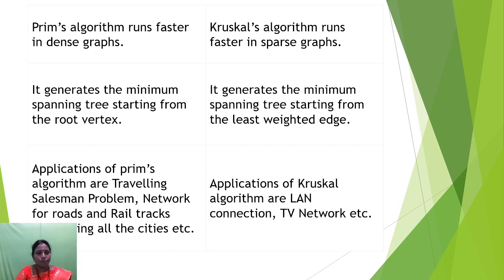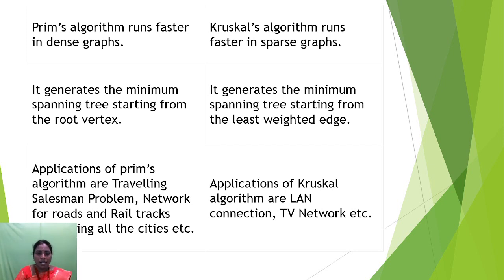Applications of Prim's algorithm are the traveling salesman problem, networks, and road and rail tracks connecting all the cities, etc. When we come to the salesman problem, suppose a salesman wants to travel from one place to another, what will happen? He finds the shortest path.